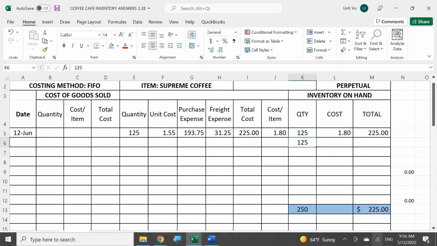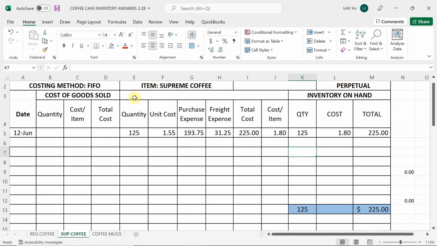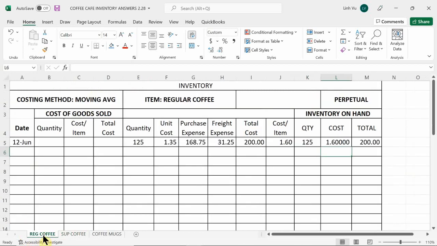It's just making a column to add up all my batches of inventory, because that's what I have to do since I'm using FIFO. For moving average, I don't need to do anything here because I'm going to constantly know how much I have available. Every time I make a purchase of inventory, I have to add it to my quantity and add it to my total cost.